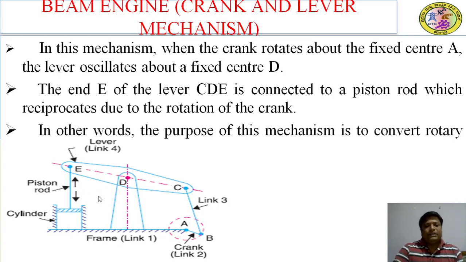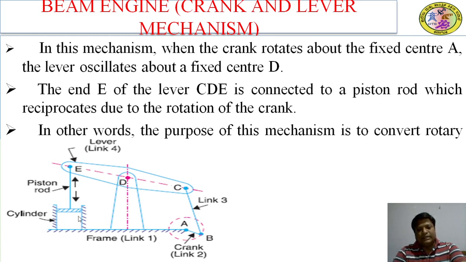These machines are used in controlling the control valve in high pressure oil and gas pipelines, and in punching, forging, extrusion of rods and sawing, etc. So the purpose of the beam engine is converting rotary motion into reciprocating motion.